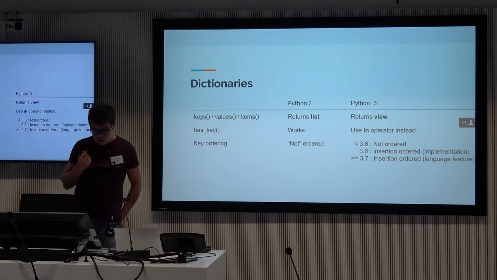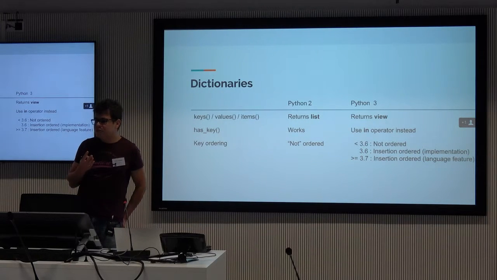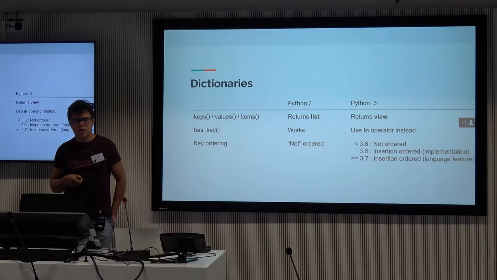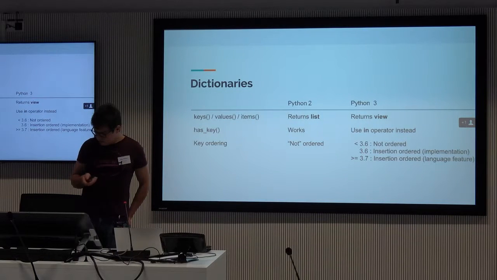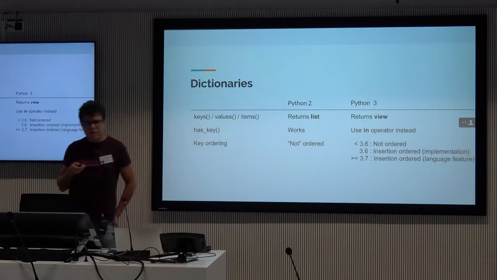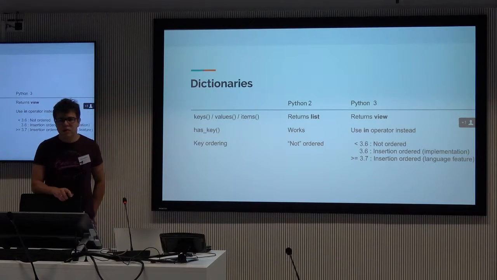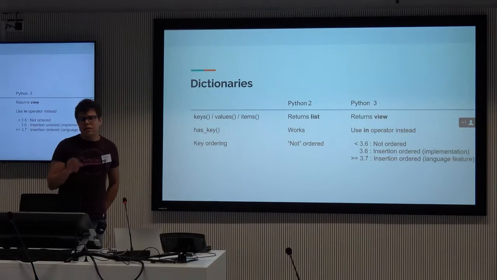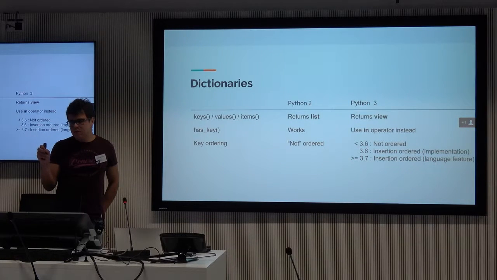There are also some nice features around the key ordering of dictionaries. In Python 2, it has never been a feature of the language that if you say dictionary['A'] = 1, dictionary['B'] = 2, and then call keys on that dictionary, you are guaranteed to get A, B in the order that you inserted the items.